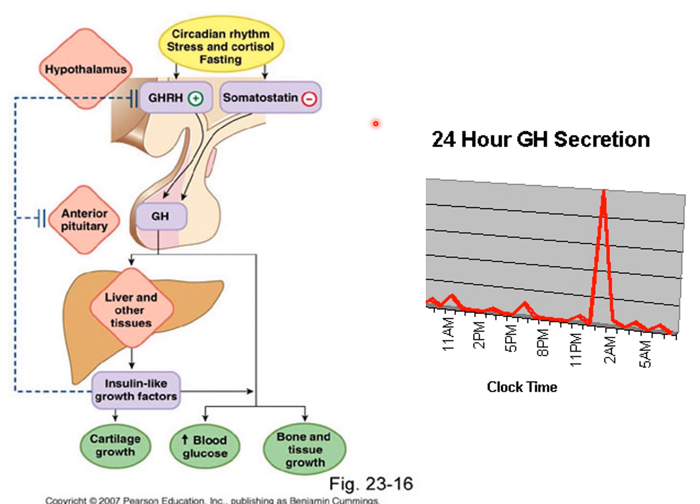Other things can affect growth hormone secretion. Stress can actually decrease growth hormone secretion, and so can fasting. If you're not getting enough to eat, that can actually stunt your growth because you're not secreting as much growth hormone either.